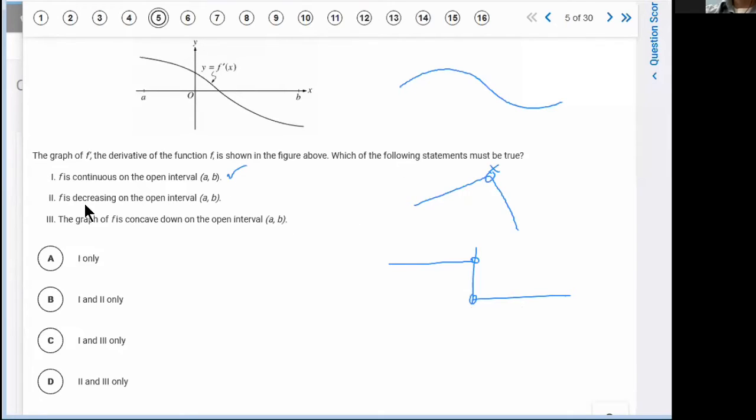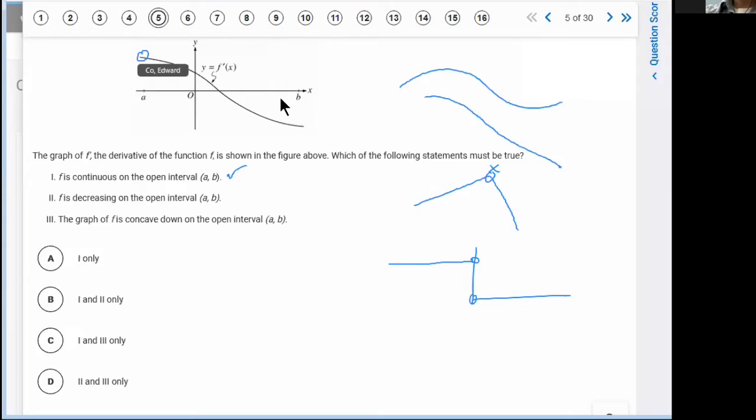Is it true that F is decreasing on the open interval? We see that this graph is dropping down. But is this the original graph? It's not. If this was the original graph, sure, we'd be losing value this whole time. But this is the rate of change graph. So are we losing money or gaining money here?